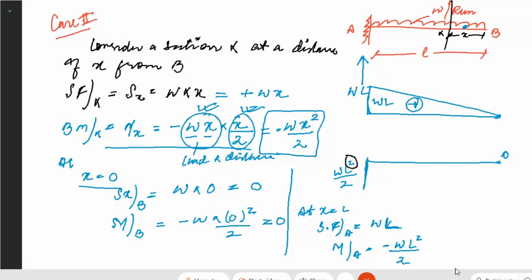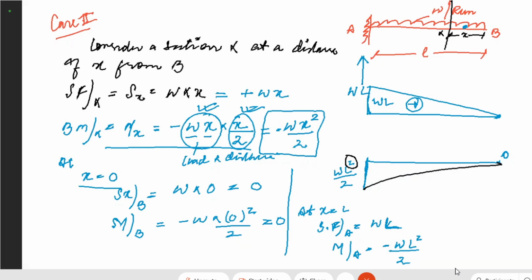That is why in the previous class Zarka wanted to know how do we know what varies linearly and what varies parabolically. When you have a square in the bending moment equation, it simply will tell you that the variation of this bending moment between any 2 points is parabolic.